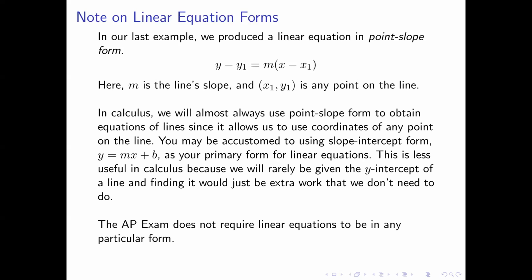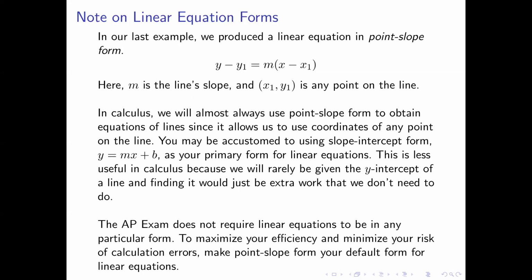So, especially since the AP Calculus AB exam does not require linear equations to be in any particular form, we're going to use the most efficient one available to us. We're going to stick with point slope form most of the time when talking about equations of lines in this course. So I suggest memorizing the form, getting the habit of using it, and trying to put your linear equations in that form in order to get practice producing equations of that form.